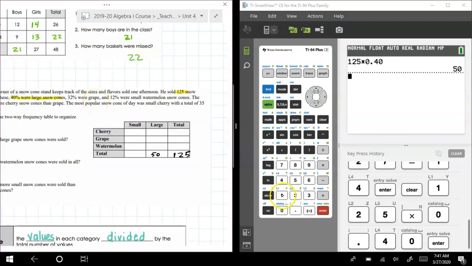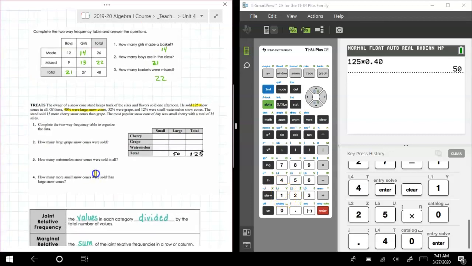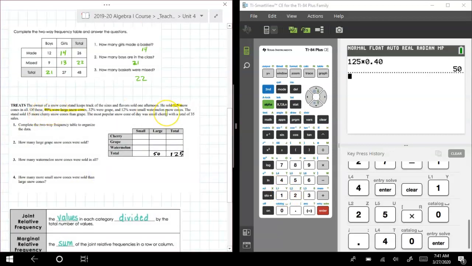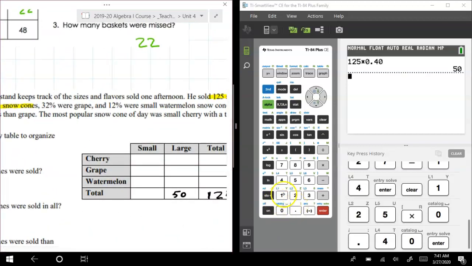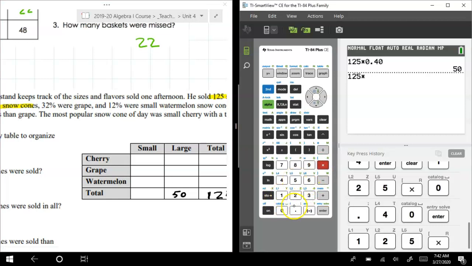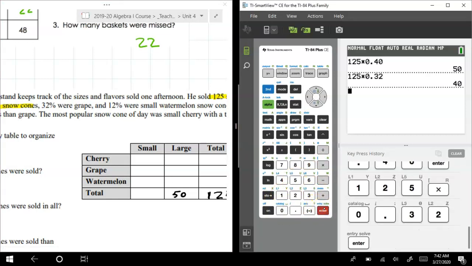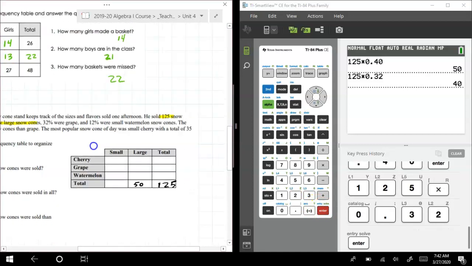Some percent were grape. So again, we're just talking about of these 125. That percent of 125 is 40. So I have 40 that are grape.